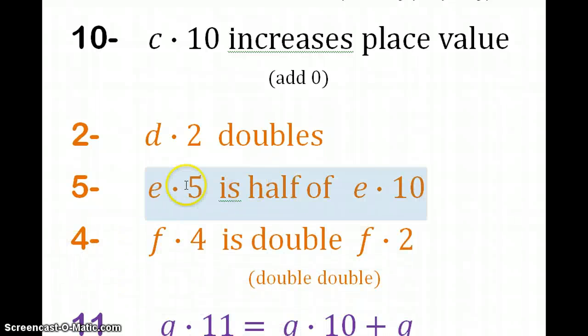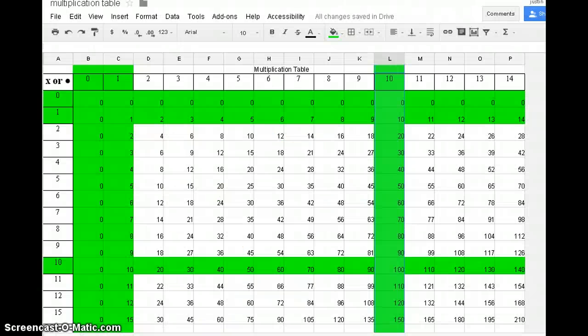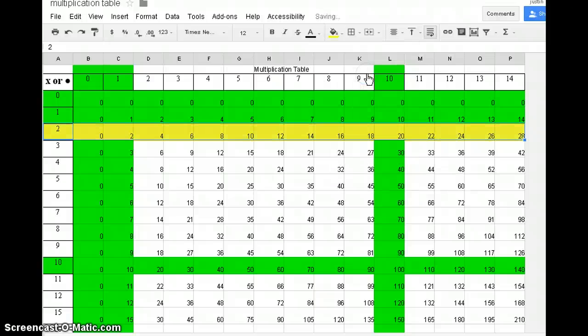Okay, and then while I did that, I also did my 4s facts, because that is a double of the double. So students wound up figuring out that it was easiest to get to 4s by doubling our 2s, and so that's a lot of practice on doubling and doubling. So doing those, I get to mark these facts in yellow.